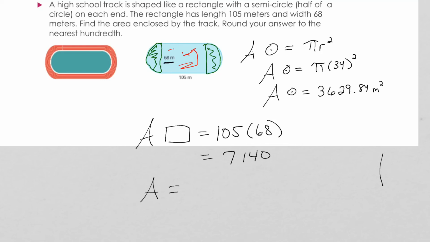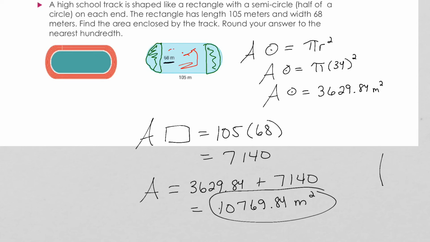So the area of the whole figure is 3,629.84 plus 7,140, which is 10,769.84 square meters for the area of the whole figure.